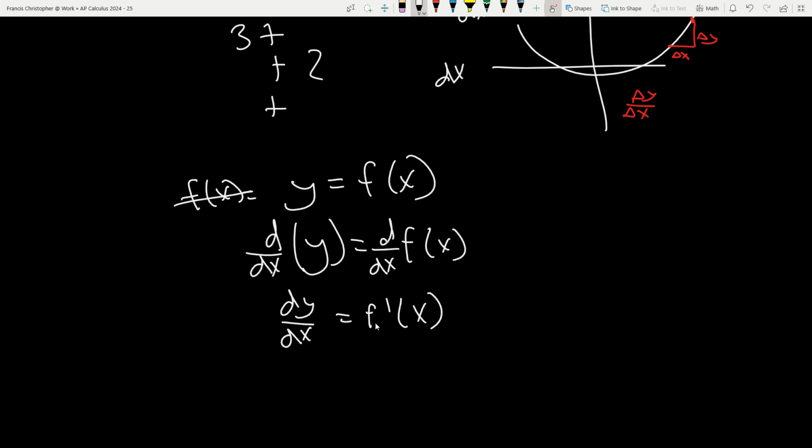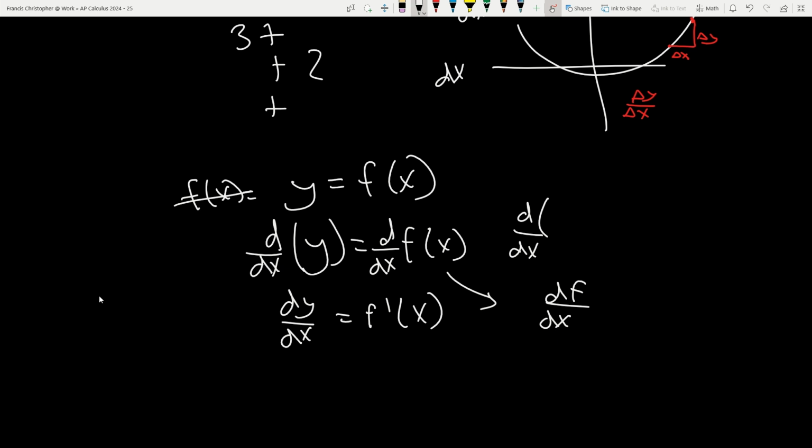So while we were just kind of writing f prime of x, it's important to understand we sort of multiply, and it's very iffy, but we kind of treat this as a fraction, right? We're taking the change in something over dx, and in this case it's going to be y. So you can also write this as df dx, the change in f over the change in x.